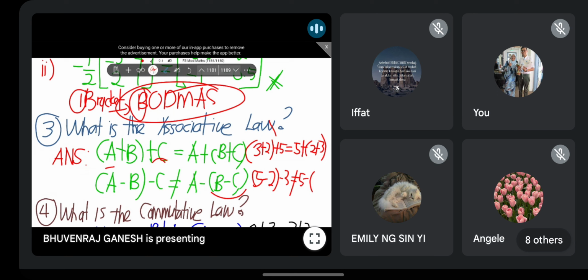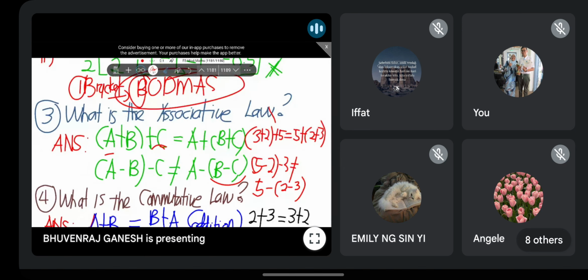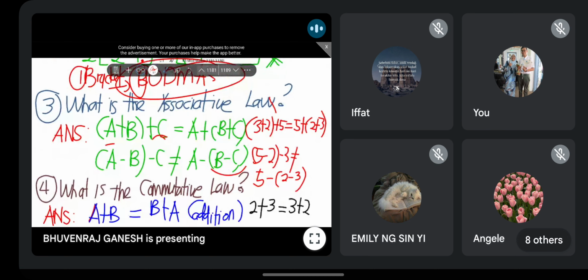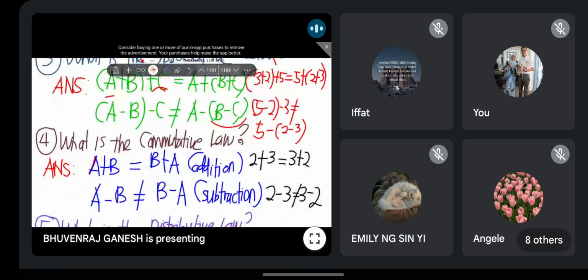Okay guys, do you get it? For the two laws so far, this is the associative law, and the bottom one is the commutative law.